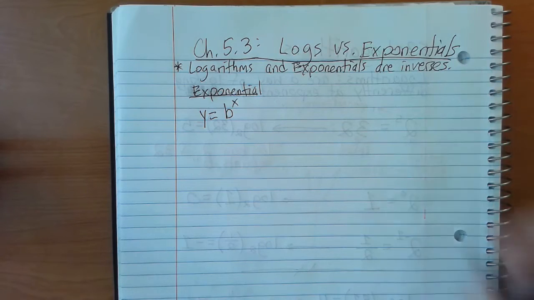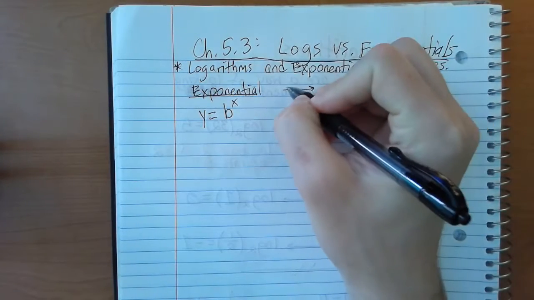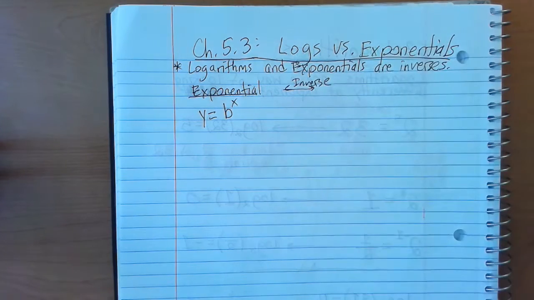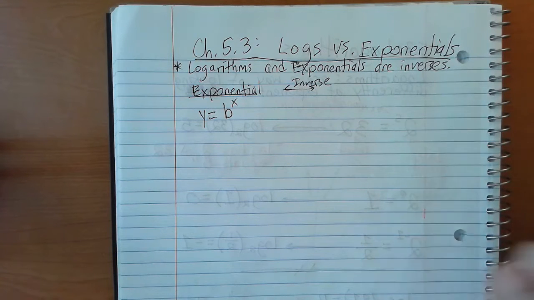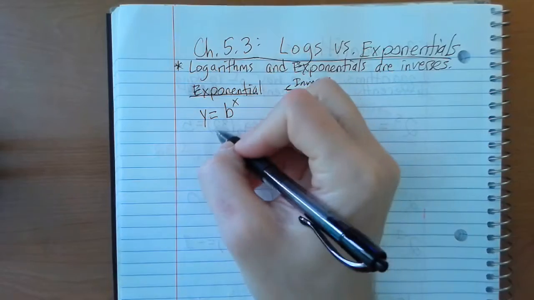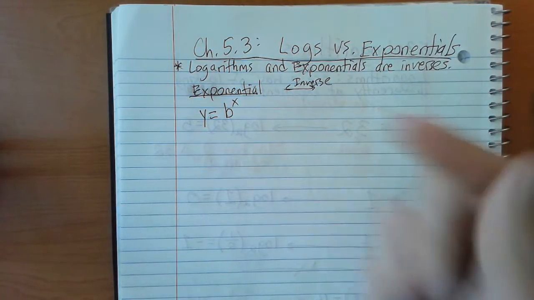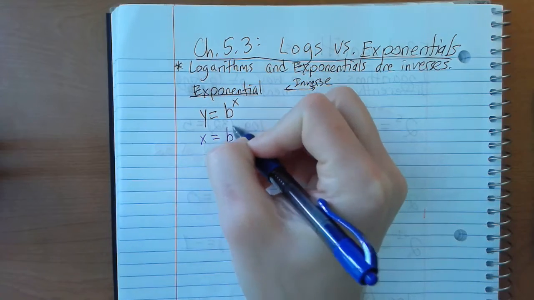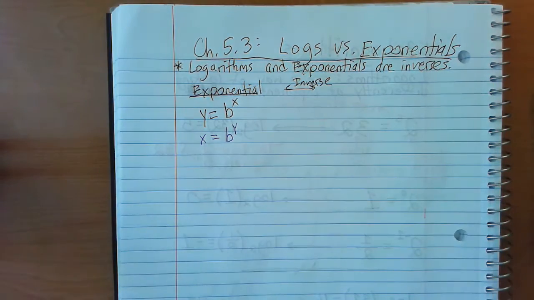So if I wanted to find the inverse, I need to swap x and y and then get y by itself again. So the steps to do that: I would first swap x and y. So x would be equal to b to the power of y.